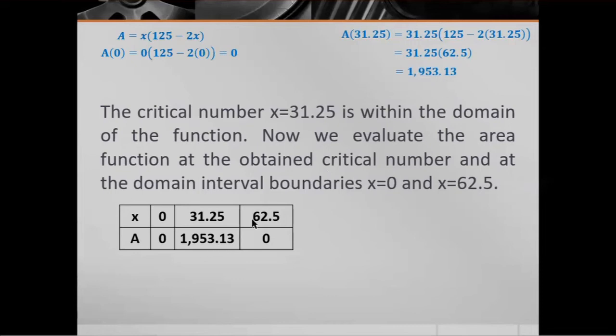So ito na ngayon. And the last, A of 62.5 equals 62.5 times 125 minus 2 times 62.5. And we have 62.5 times 0 and it is 0. Okay? So doon natin nakuha, na-complete na natin yung table.